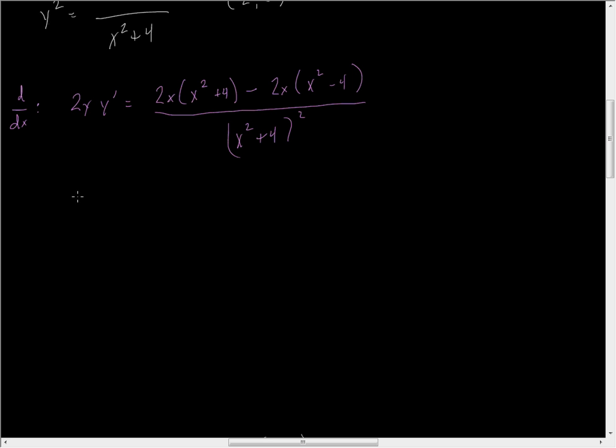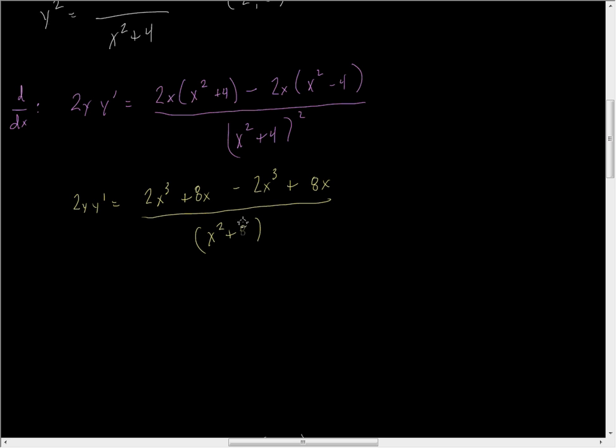And so we'll keep this 2y prime over on the left, and on the right, let's expand this out into 2x to the third plus 8x minus 2x to the third plus 8x all over x squared plus 8 quantity. Oh, plus 4, doofball.